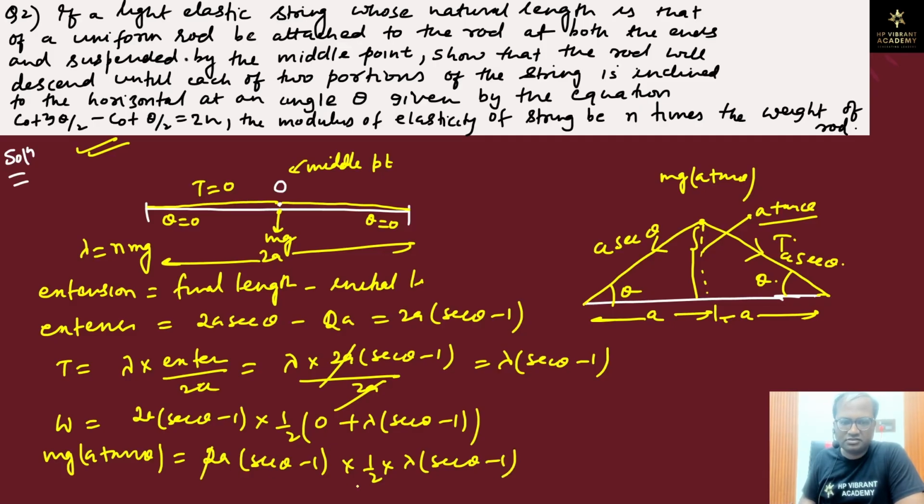So this gets cancelled, a to a cancelled, and we have lambda is equal to nmg. This is equal to nmg into (sec theta minus 1) whole square. This gets cancelled. So we have tan theta is equal to n times (sec theta minus 1) whole square.